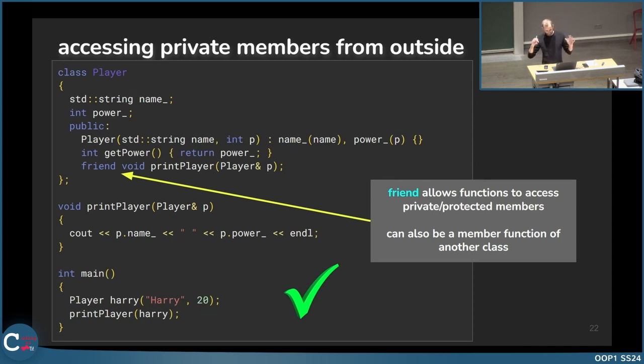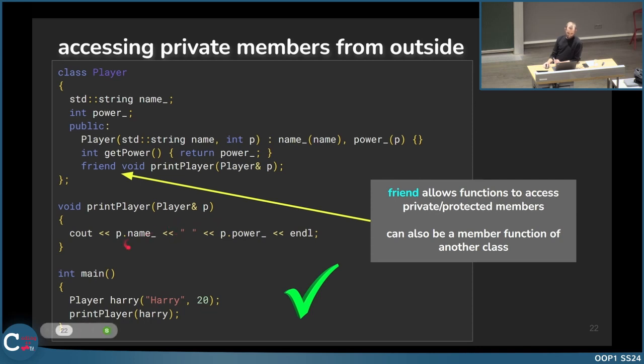So friendship in C++ means you are allowed to access private and protected members. Kind of like in real life, where you tell your friends all your secrets and the other people maybe not.